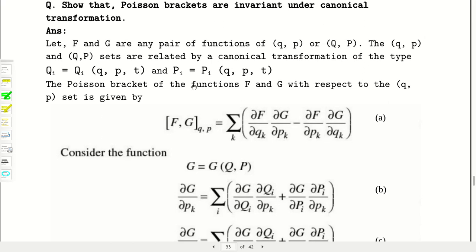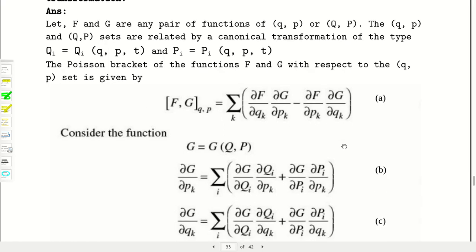So canonical transformations are there. The transformation from q, p to capital Q, P is canonical, which we have assumed here. So let us start from the Poisson bracket of two different functions f and g in the old coordinates. It will be del f del q_k del g del p_k minus del f del p_k into del g del q_k, the basic formula of the Poisson bracket.